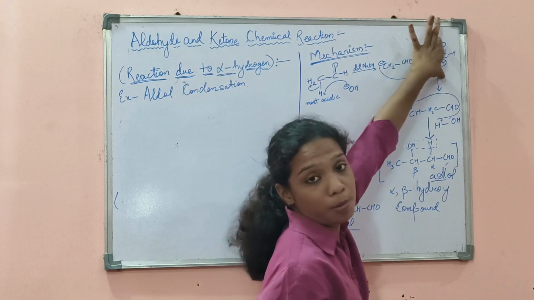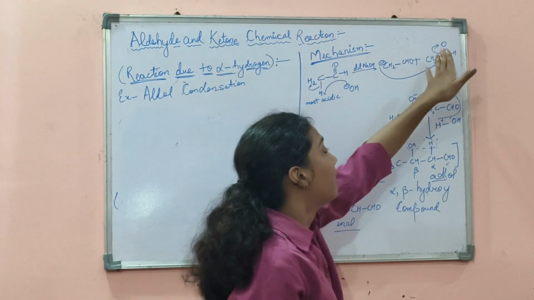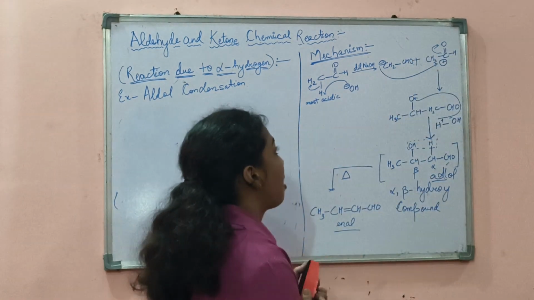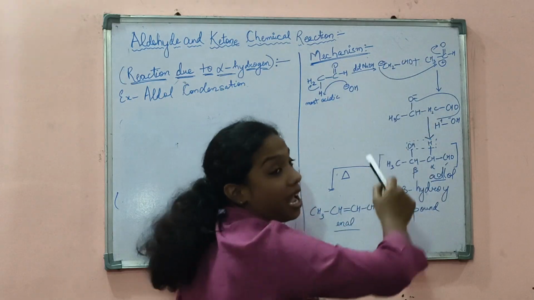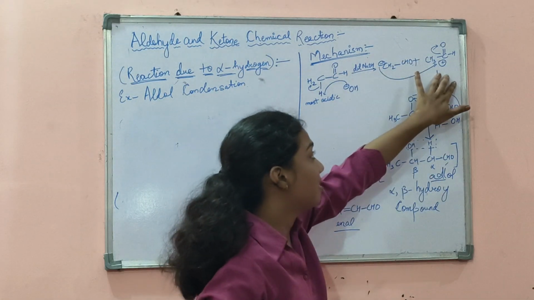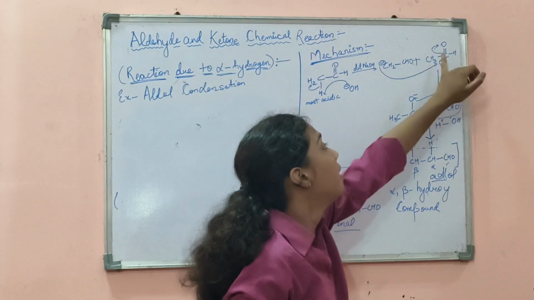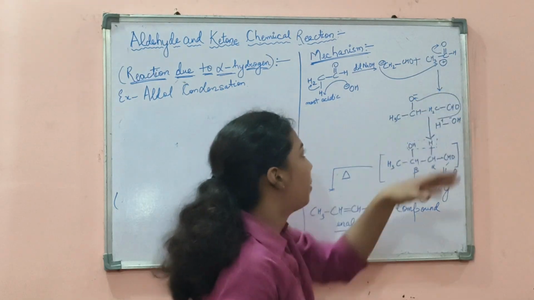So in this complex, what happened? As we know, in the C double bond O, oxygen is more electronegative, so it will abstract electrons and carbon is positive. It acts as a carbocation, and this one works as a carbanion. So the nucleophile acts towards this in order to attain stability. The pi bond breaks, oxygen becomes negative, and this happens.